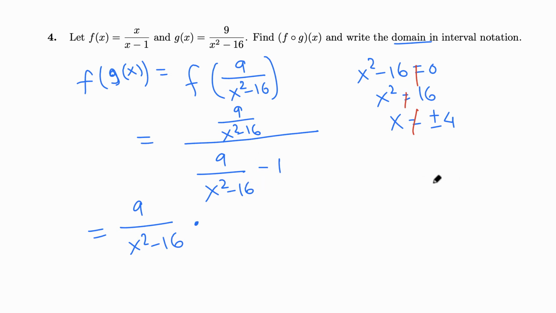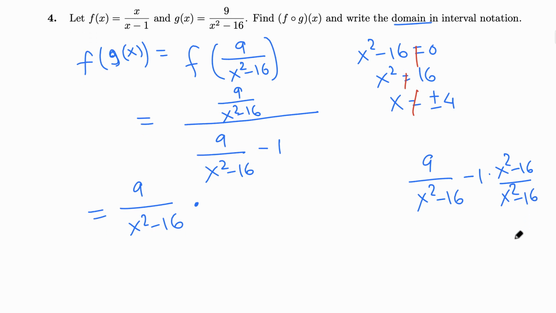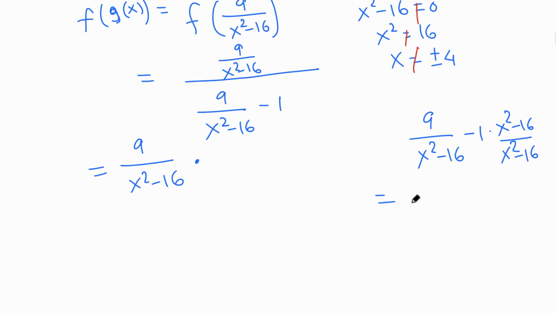Let me combine here: 9 over x squared minus 16 minus 1. This is a fraction, so we need to multiply the second fraction by x squared minus 16 over x squared minus 16 to make the same denominator, so that x squared minus 16 is the common denominator.